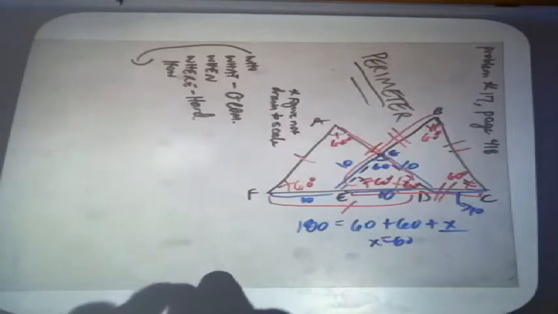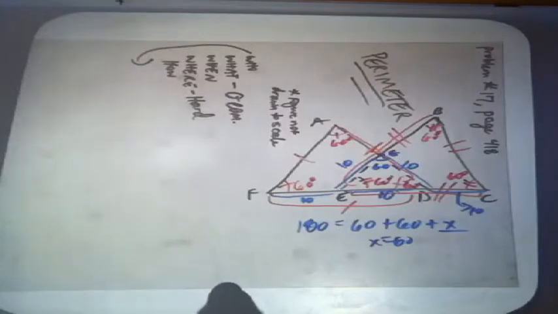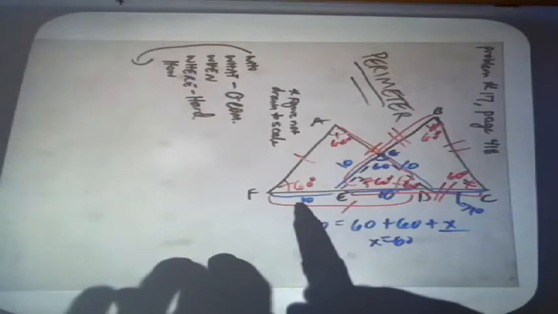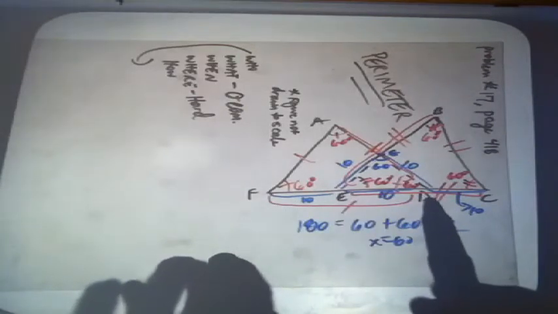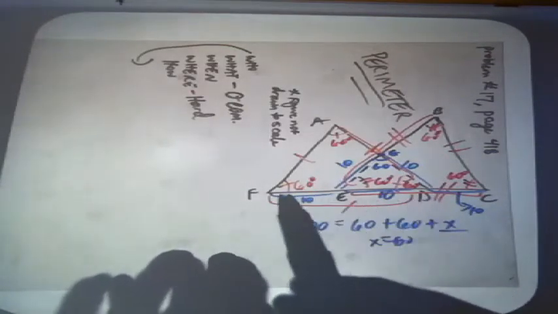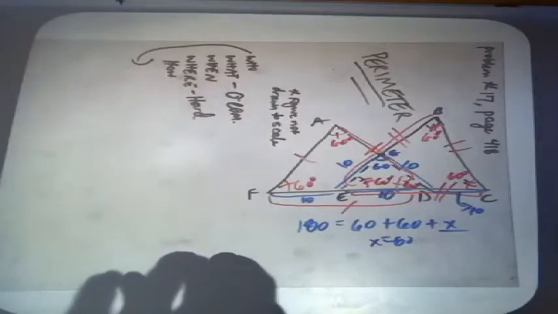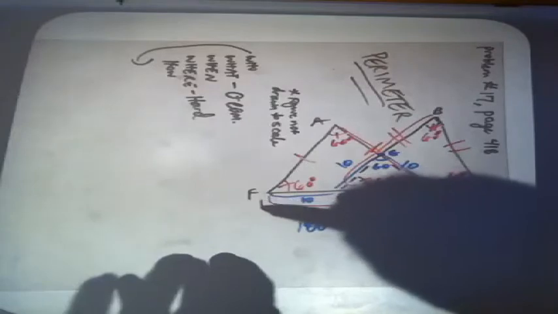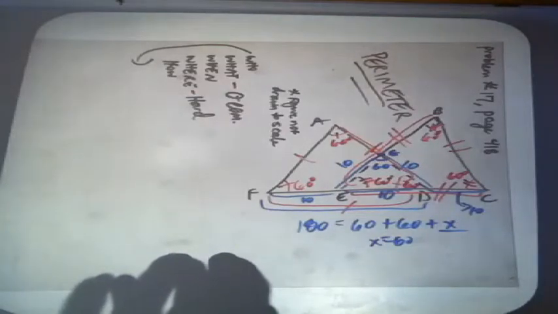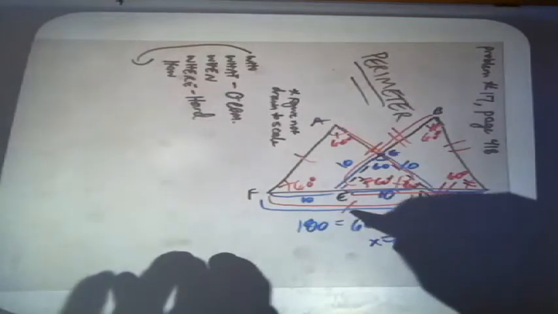All right, so we already know, because it was given, that that is an equilateral triangle. Now, let me ask you, do we know any of the sides? Well, not directly, but if we know FE is 10, and we know ED is 10, and those things added together produce one side of the triangle, we know that that one side of the triangle is just 10 plus 10, or 20.